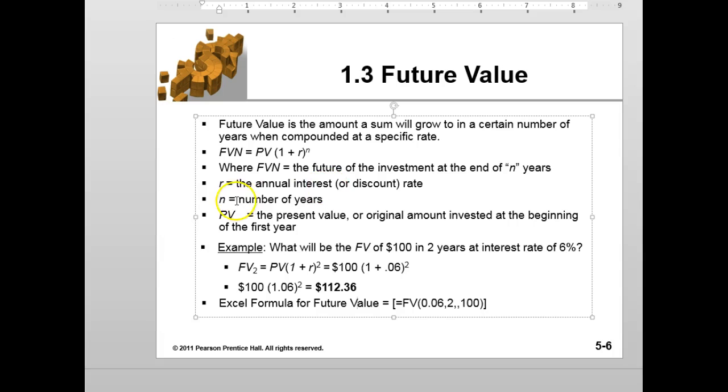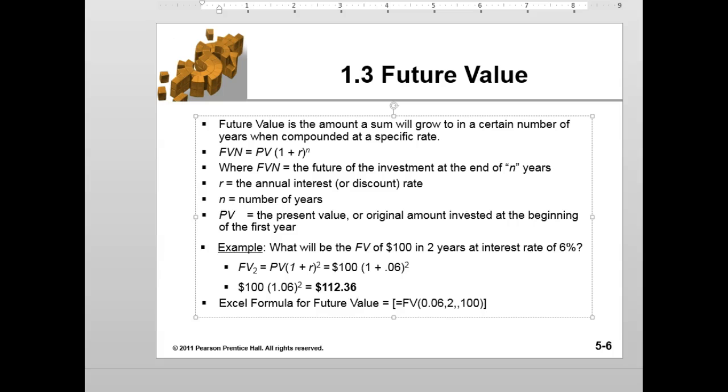R is the interest rate, N is the number of years, and PV is the present value, or the original amount invested. And this is an example of it. You're going to invest $100 at 1 plus the rate to the 2nd power, and that will be worth $112.36 in the future.